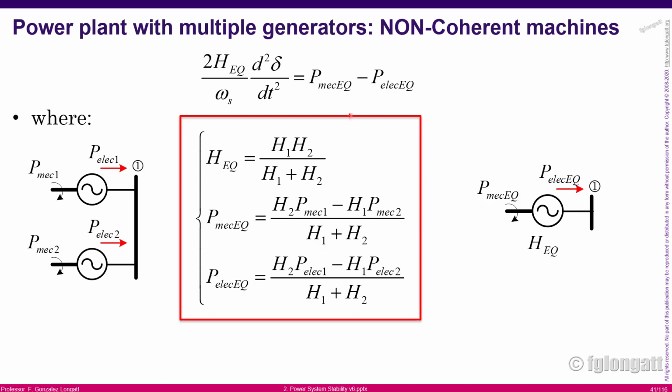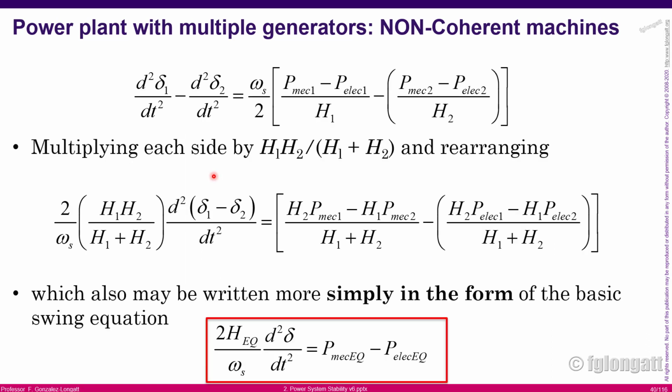And we need to be very careful with the definition of the equivalent inertia constant, equivalent mechanical power, and equivalent electrical power. Okay? Now we can obtain this equivalent generator of non-coherent machines.